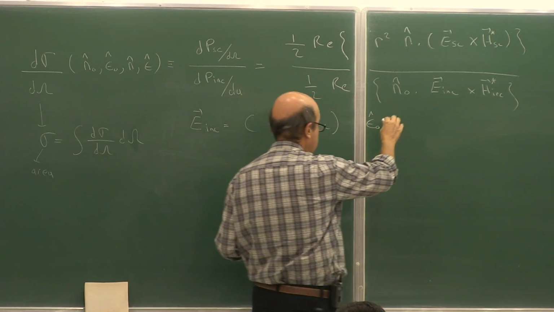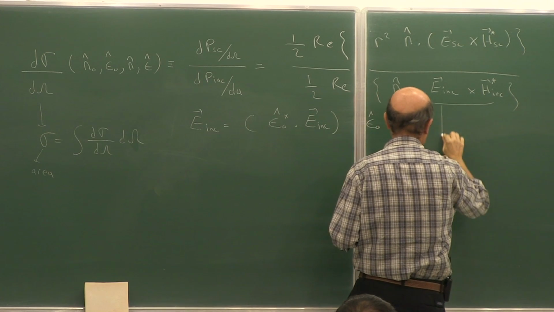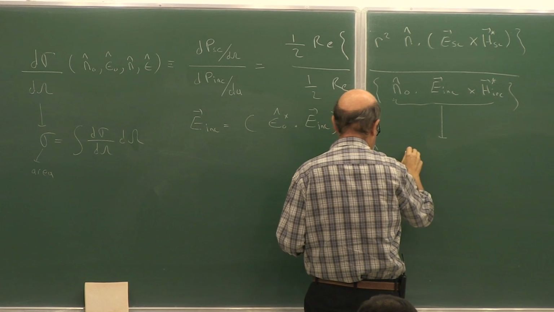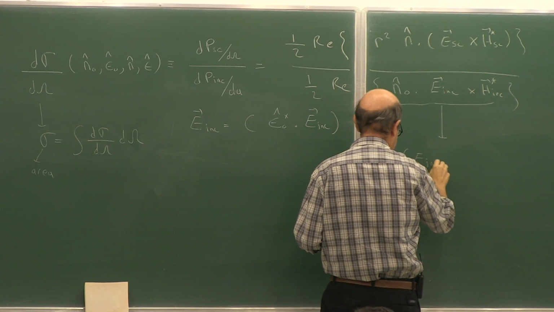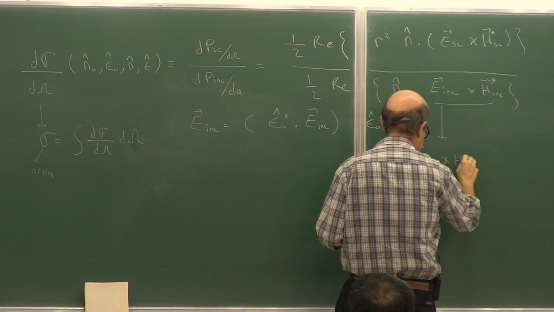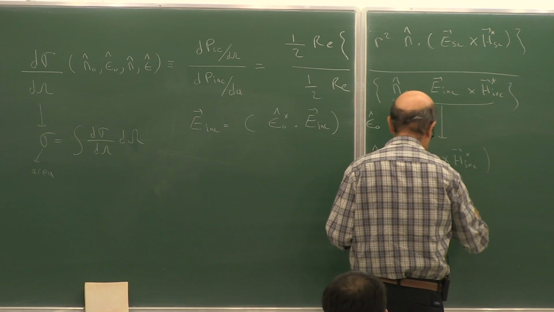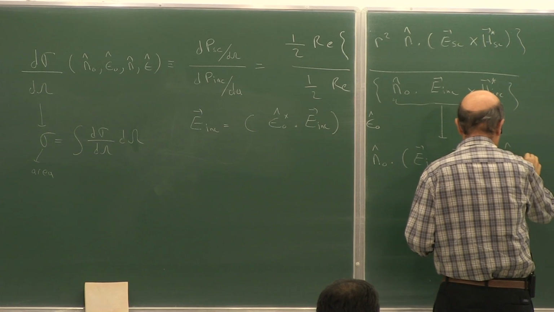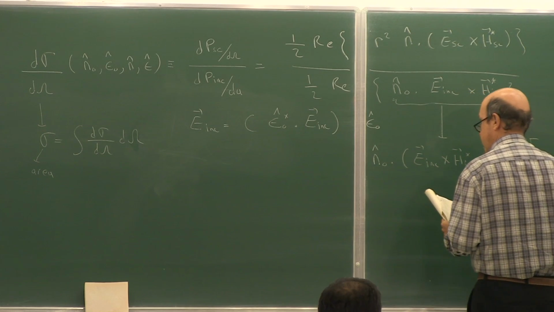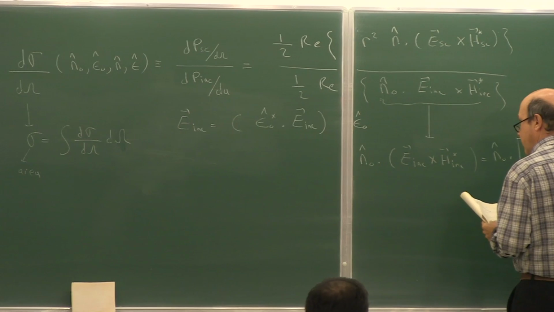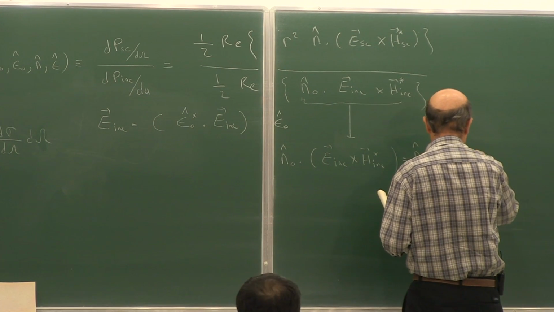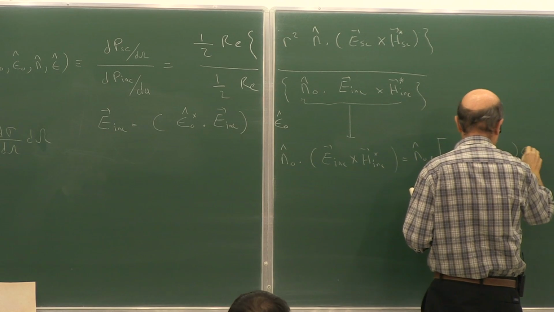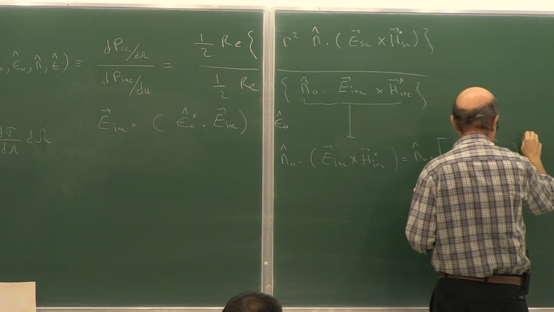So, for example, for that term, you will have N0 dot E incident cross H incident complex conjugate, and this will be N0 dot E incident, which I defined here, epsilon 0 complex conjugate dot E incident along epsilon 0.